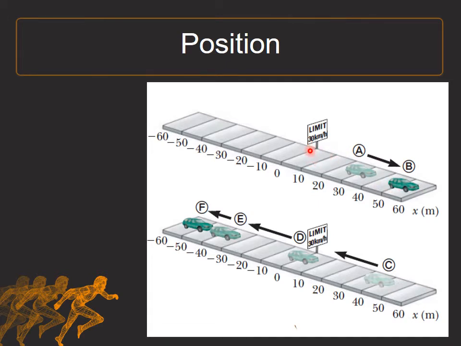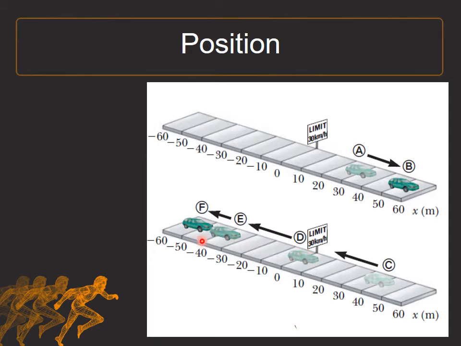Then, if it's to the left of the origin, negative. It's just like in our Cartesian plane or rectangular coordinate system. But we are only in one dimension, so we only consider x. So, position E is negative 40 because it is 40 meters before or to the left of the 0, the reference point.